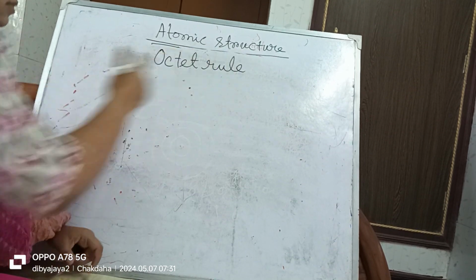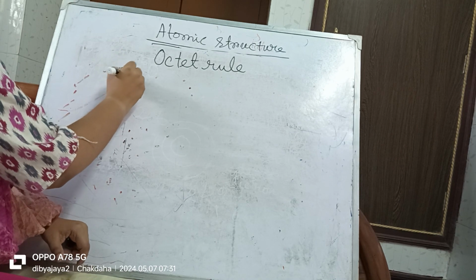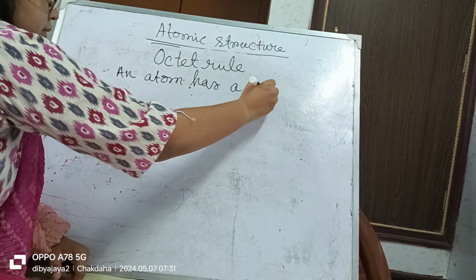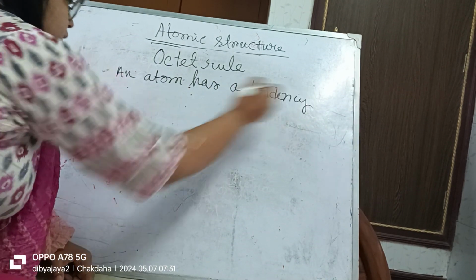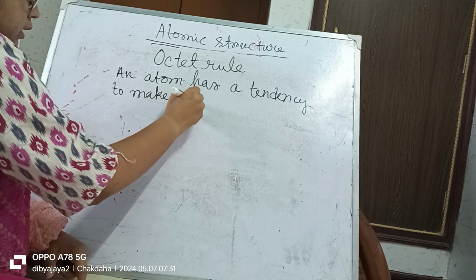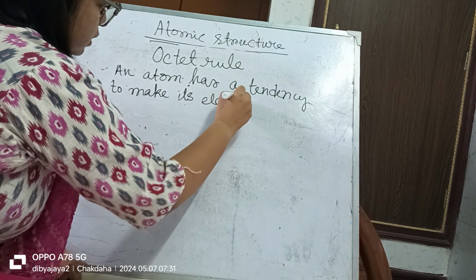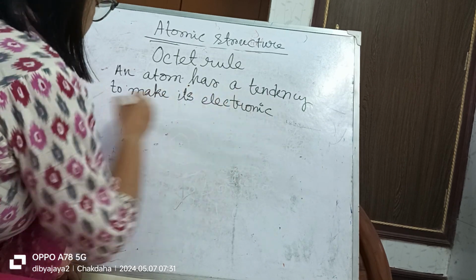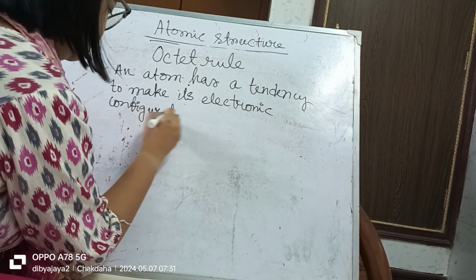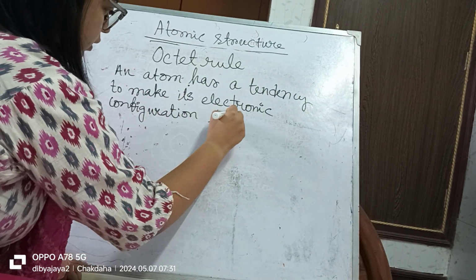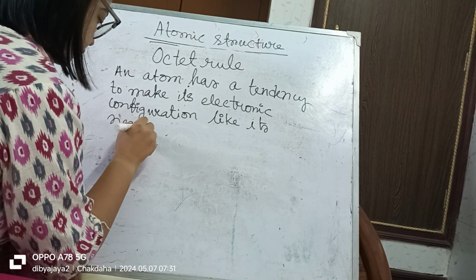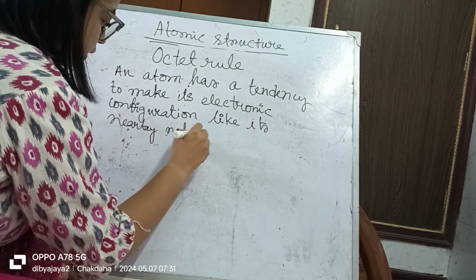Octet rule: an atom has a tendency to make its electronic configuration like its nearby noble gases.